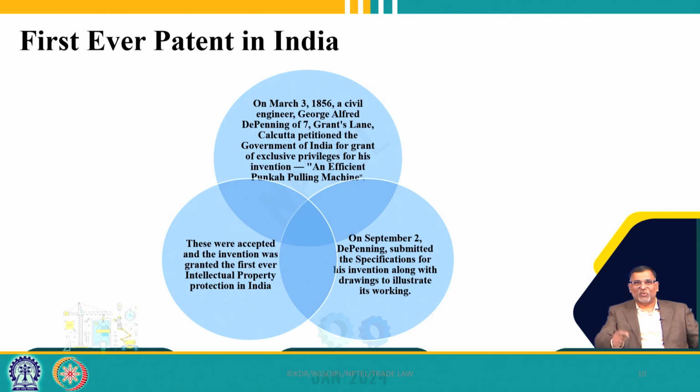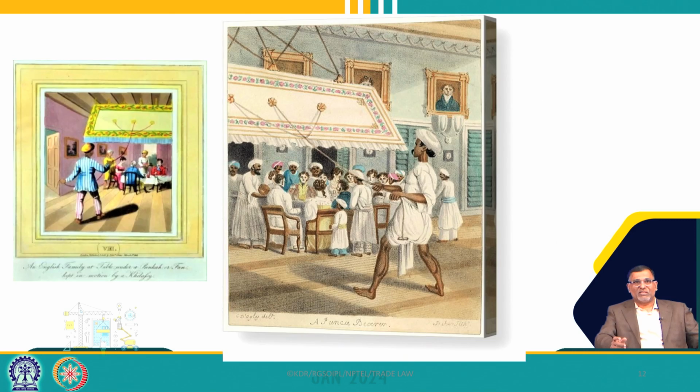To understand what this panga pulling machine is, you must understand that there was no fan at that point of time. It was artificial. You can see the left side and right side pictures, which show how the fans were made.